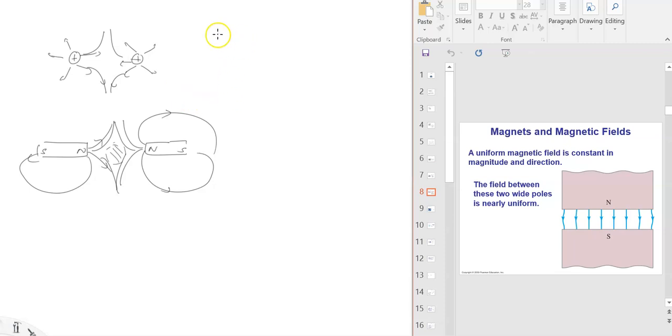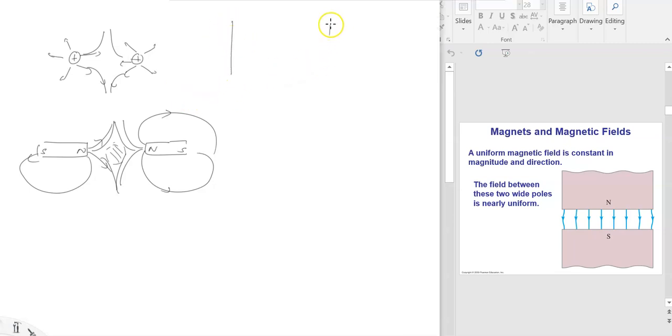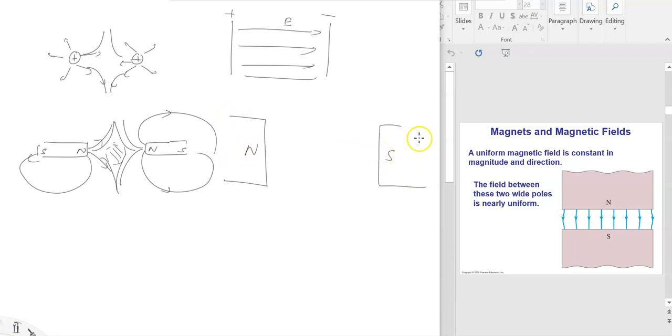Remember, we create electric fields with two metal plates, one positive, one negative, and there's an electric field between them. Same way, if you want to create a magnetic field, you need two large magnets. We keep a North Pole here and a South Pole here, and the other end is on the other side, so I'm not going to draw the other end of the magnet. So here's a North Pole, here's a South Pole. There is a strong magnetic field between.